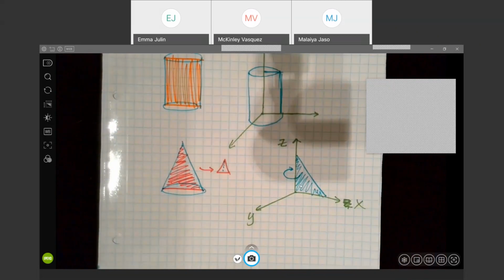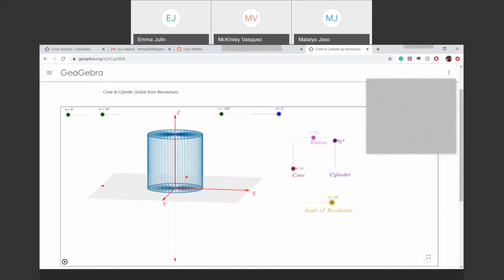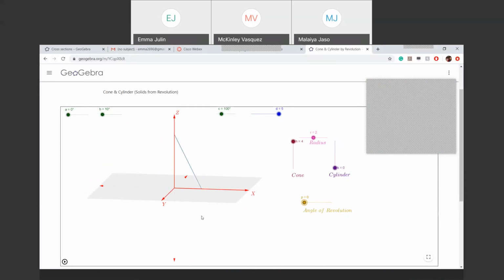So let's try and show that again with a cone instead. So we're going to disappear with the cylinder and we go with a cone. Going all the way back here, as we did on our paper, we have half of the cross section right here.